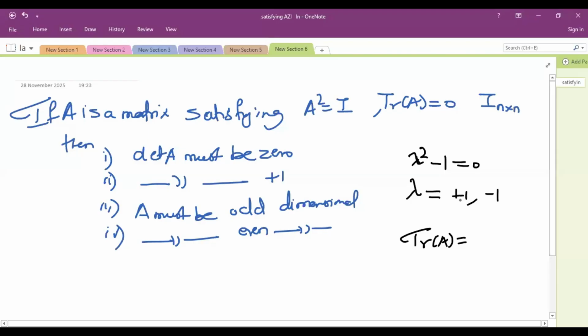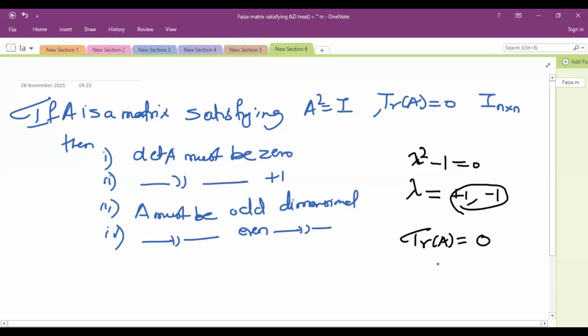So if only plus 1 is repeating, then in that case, the order of the matrix could be 3 because there will be 3 eigenvalues. If we take minus 1, again it will be 3, but the trace will not be equal to 0. So trace will only be equal to 0 if these kinds of pairs occur in even numbers, right?